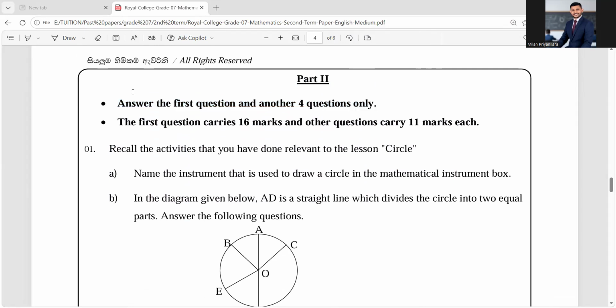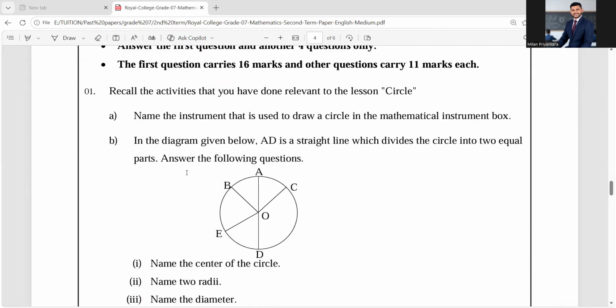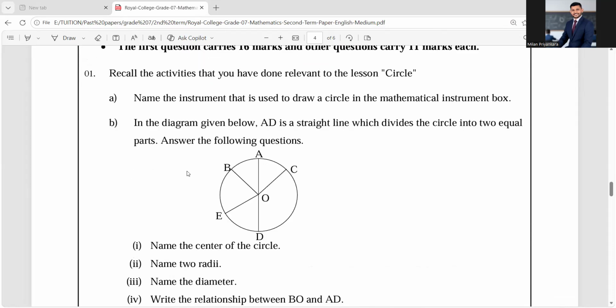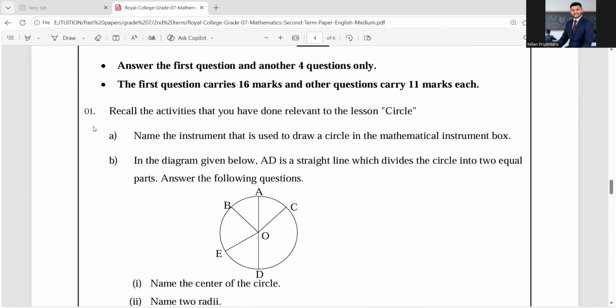First question and 4 other questions, that means the total is going to be 5. So the first one is essential, you have to answer it. The first question carries 16 marks and the others carry 11 marks each.